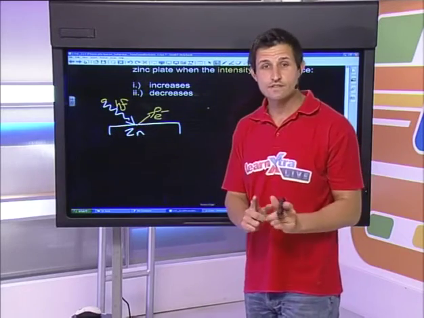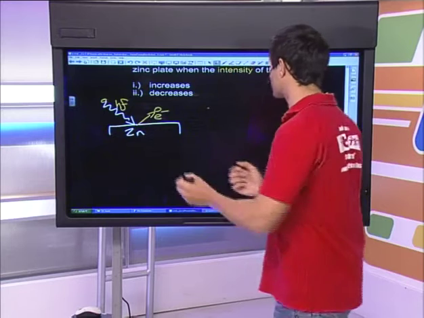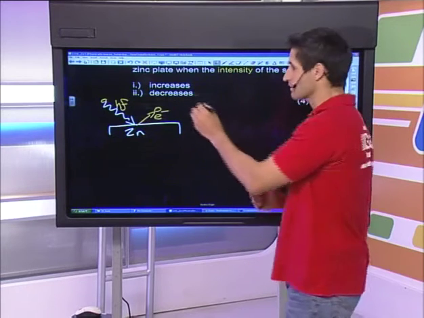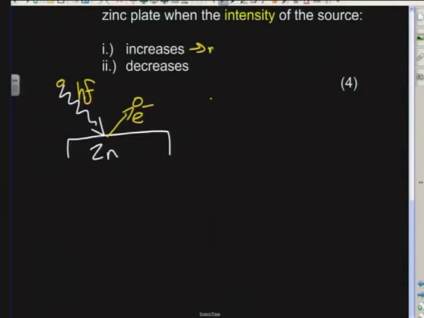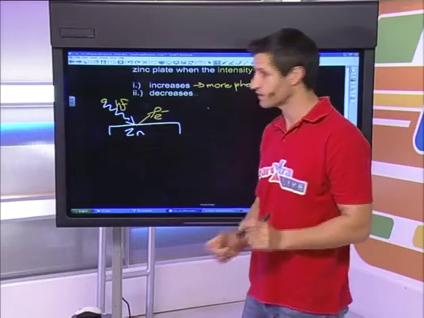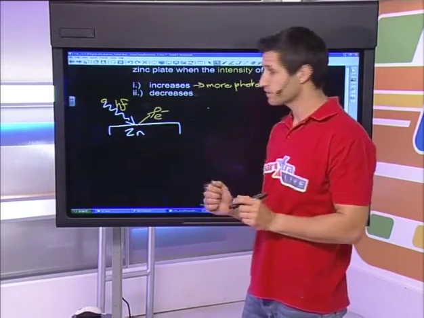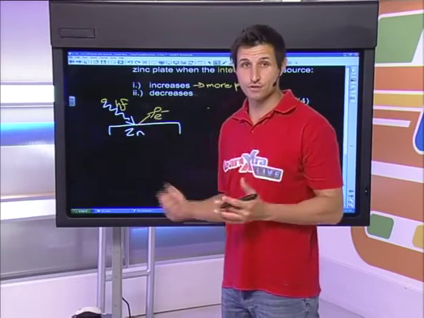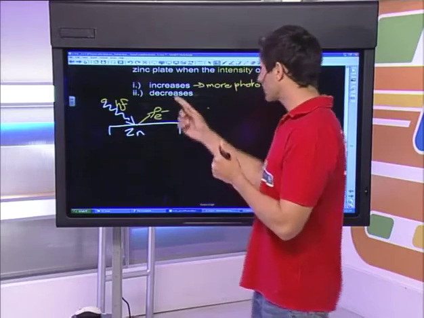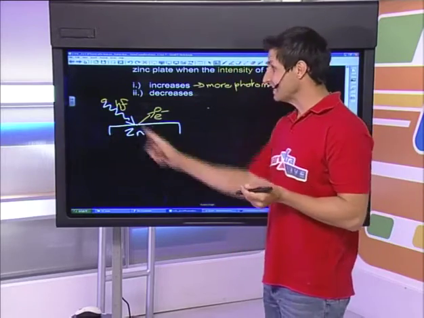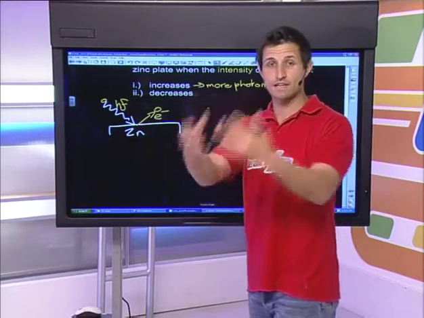Now intensity, when you start to talk about particles, increasing means more photons. These photons already have enough energy to kick the electrons off the zinc plate. So when I increase the number of photons, each photon makes an electron.